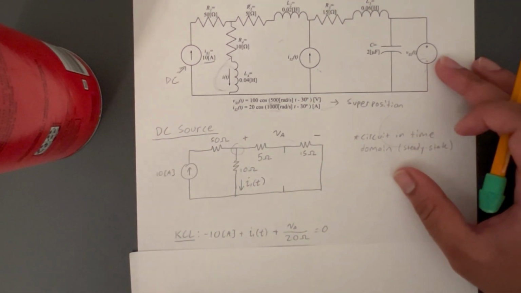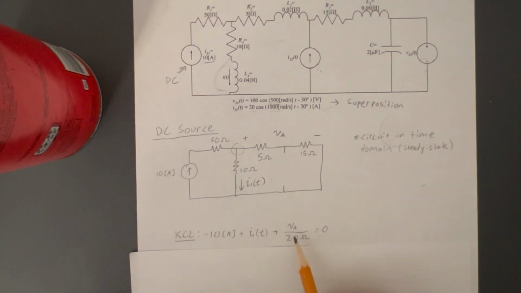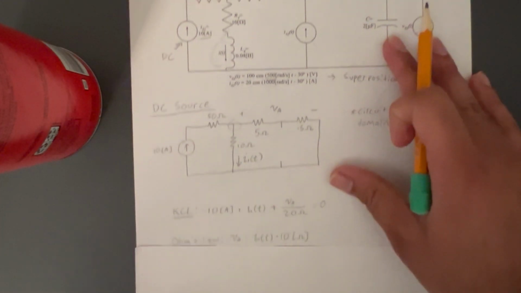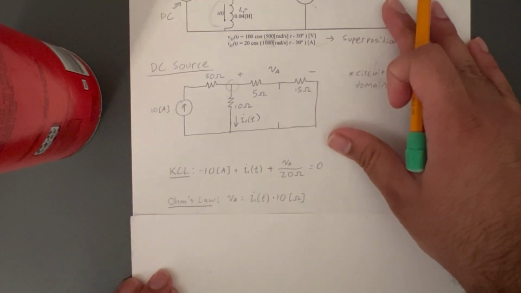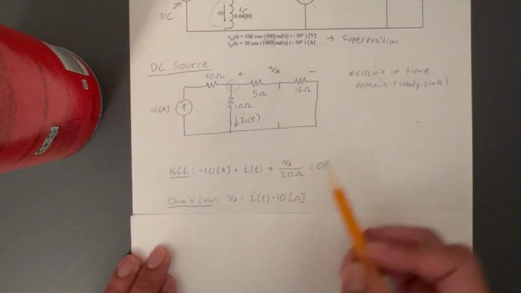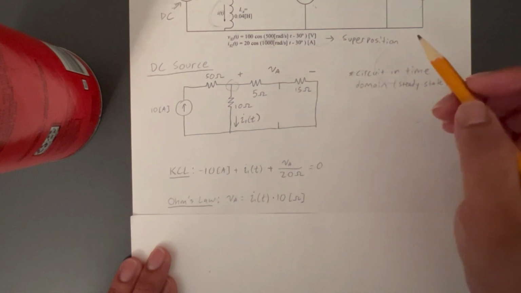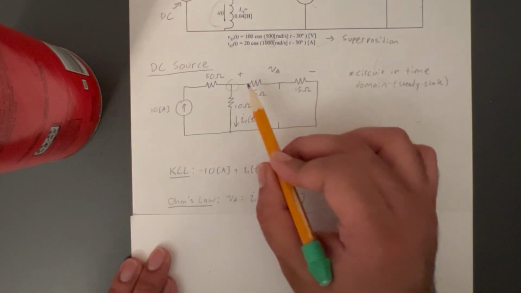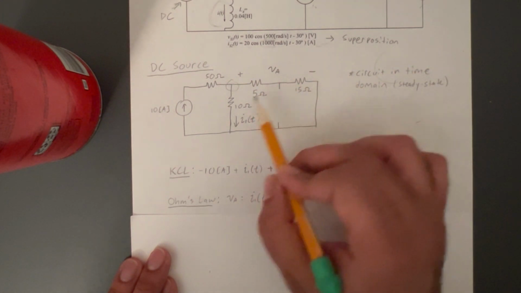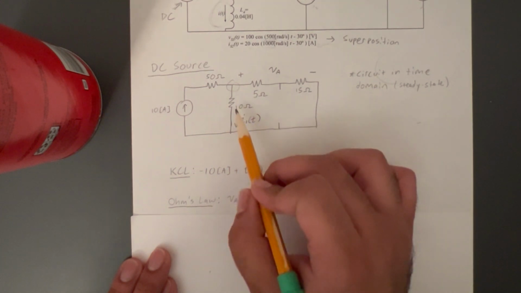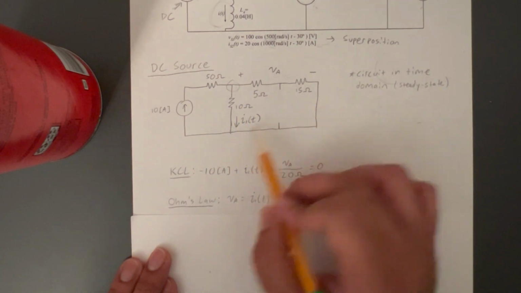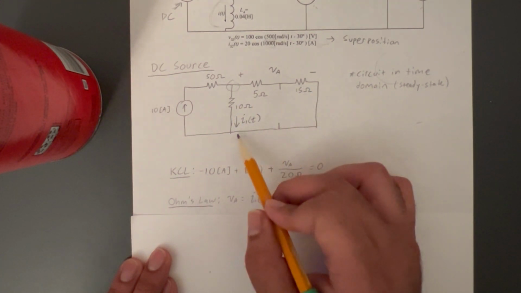We also need another equation since there are two unknown variables, so we can do Ohm's law. An important thing to note with this is that this voltage is in parallel with this resistor over here. As you can see, you can slide this negative sign down here.